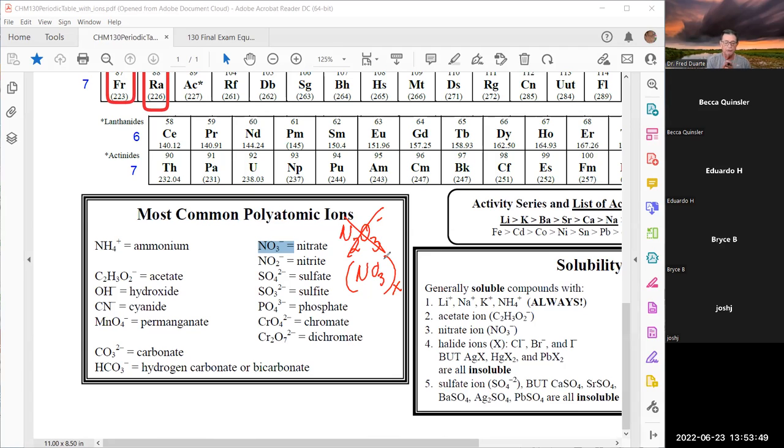Now, we're going to determine the Lewis dot structure for these polyatomic ions. The procedure is the same. You count up the valence electrons, but then there's an additional step, and it depends on the charge.